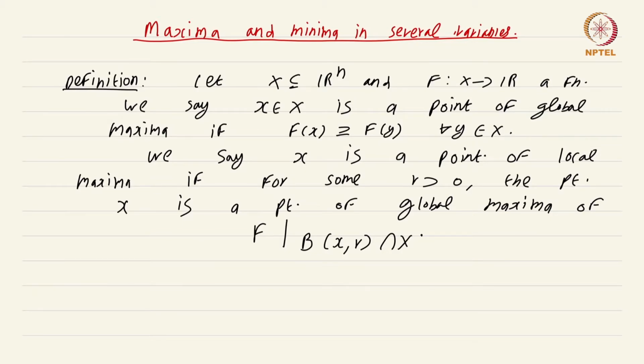You must be able to find a small enough vicinity of the point x such that x is a point of global maxima in that vicinity. Then we say that x is a point of local maxima for f.